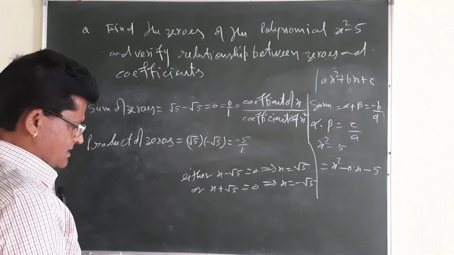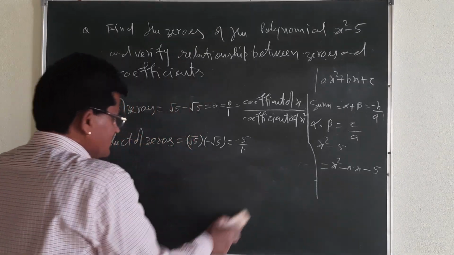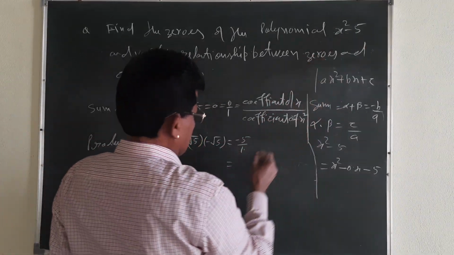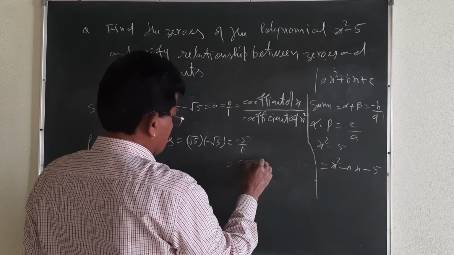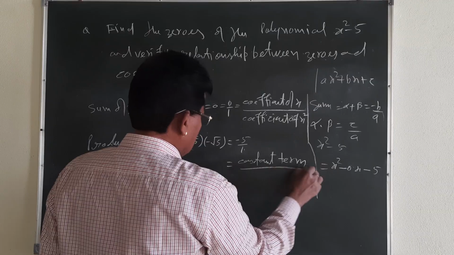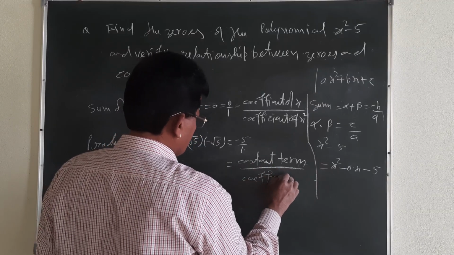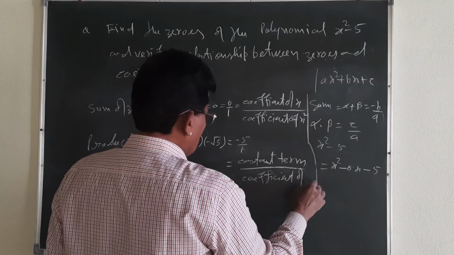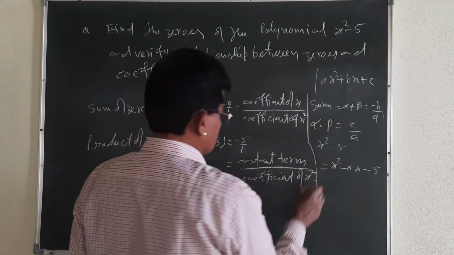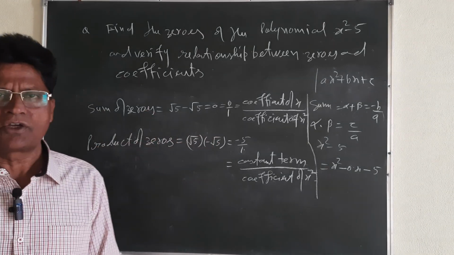So we got minus 5, that is the constant term, and 1, that is the coefficient of x square. That is the relation between zeros and coefficients of the polynomial.